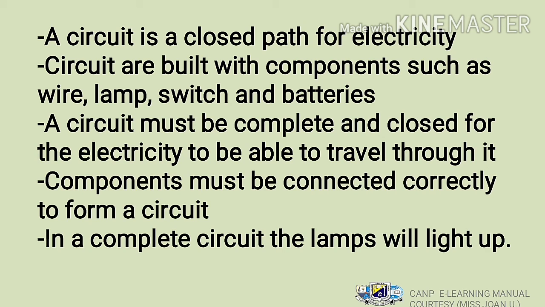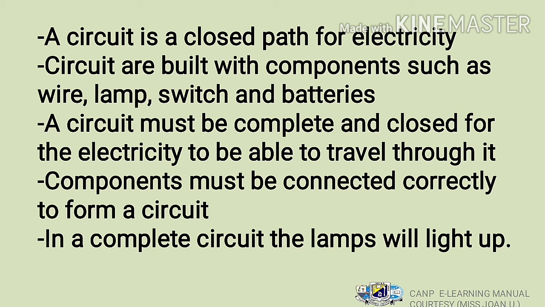Welcome back. I think you now have a proper understanding of what an electrical circuit is, and you can also build one. Okay, now in this class we've been able to establish, and I believe you now understand, that a circuit is a closed path for electricity, that is electrical current, to move.